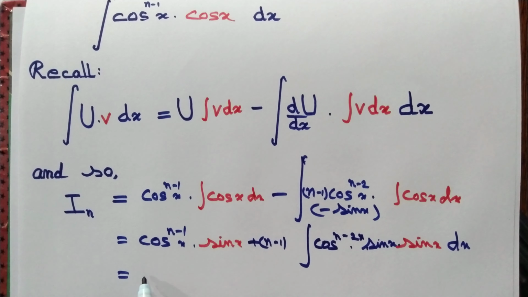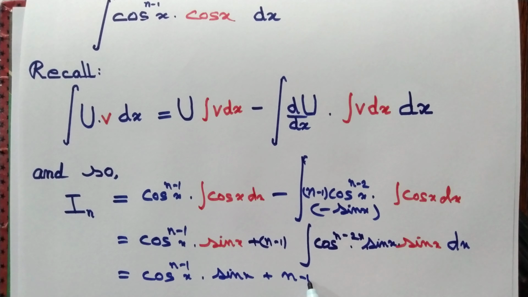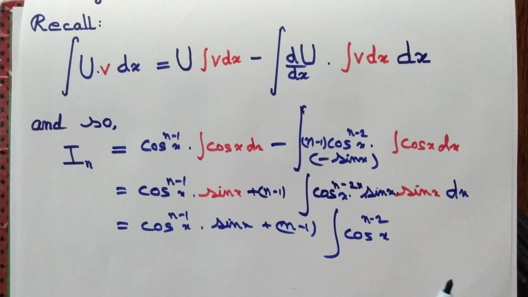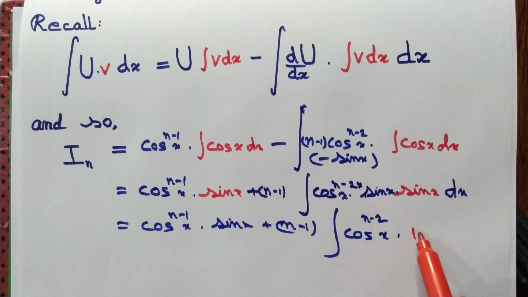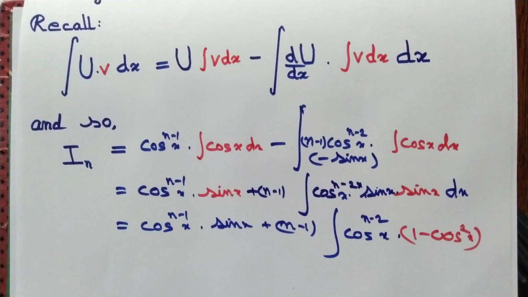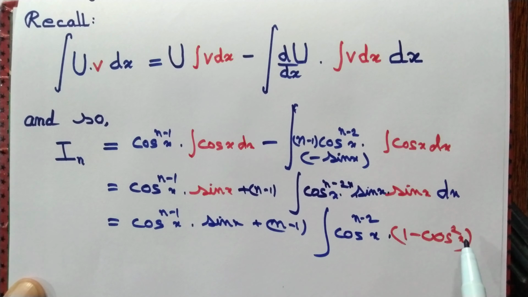So we copy as it is, cos x to the power n minus 1 times sin x, plus n minus 1 times the integral of cos x to the power n minus 2 x times sin square x. But sin square can be written as 1 minus cos square x. dx we write as it is.